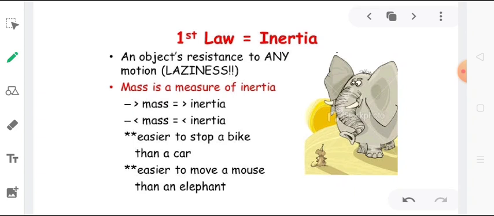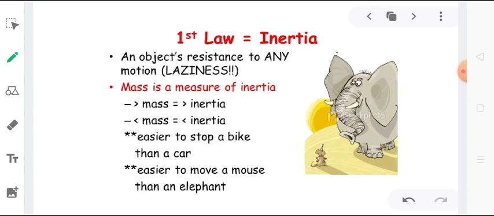We don't want to change it. And if any change is to be brought about, then a lot of effort, some force, is required. And what should be the magnitude of that force is dependent upon the object's mass. So mass is a measure of inertia. Greater mass is equal to greater inertia, and lesser mass is equal to lesser inertia.